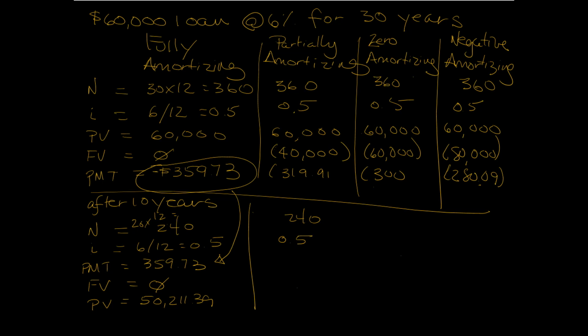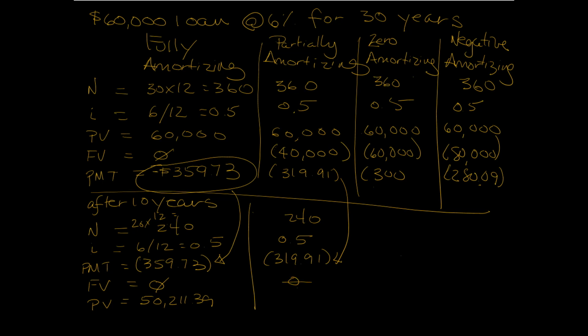And then we can also do that, meaning calculate the future loan balance for a partially amortizing, 0 amortizing, and a negative amortizing loan. So in all three cases, the n will be 240 because we want to know what's the loan balance after 10 years. So we're calculating the present value of the remaining 20 years of payments.